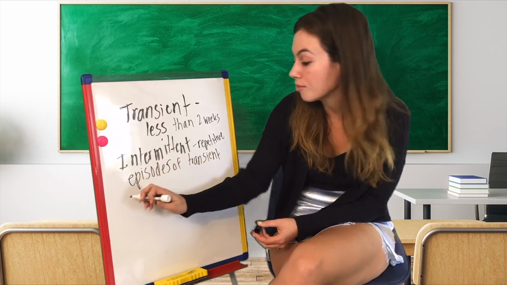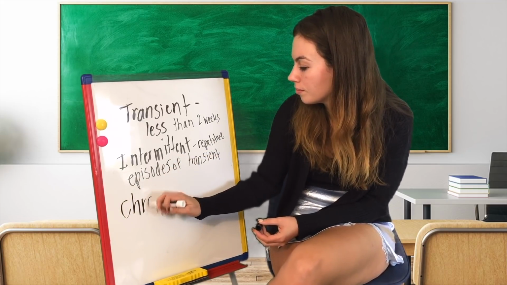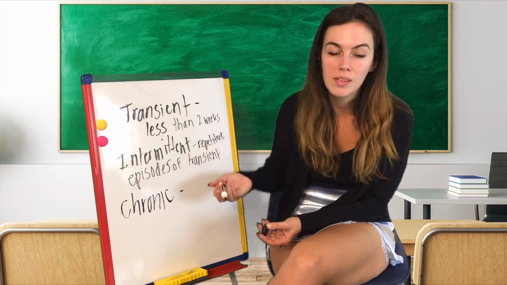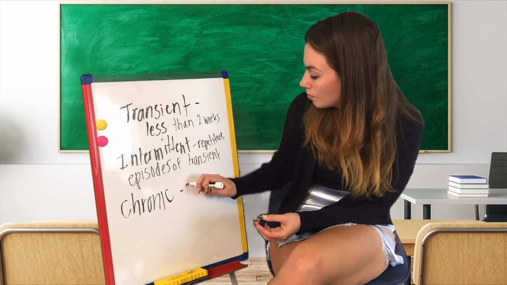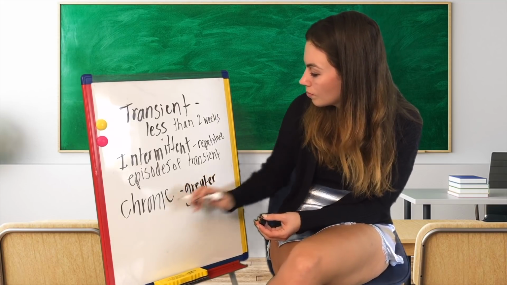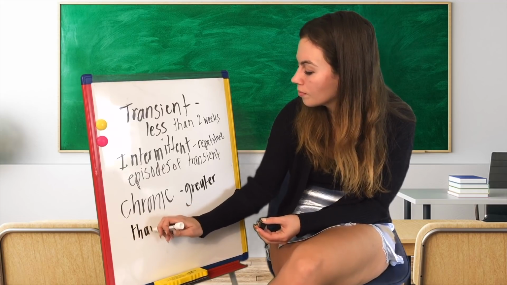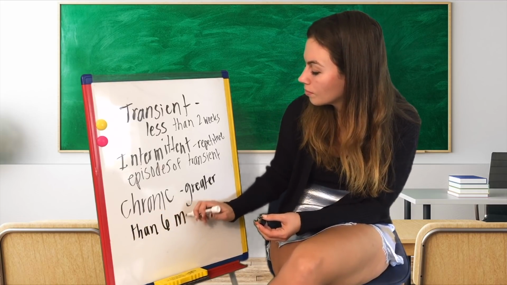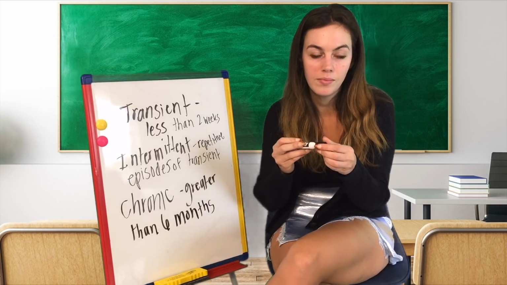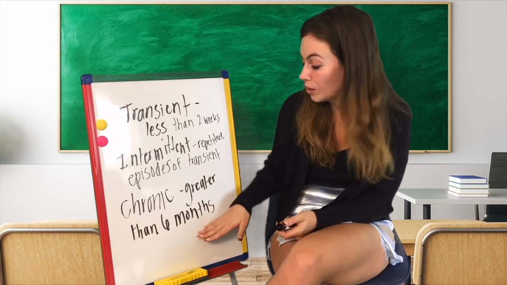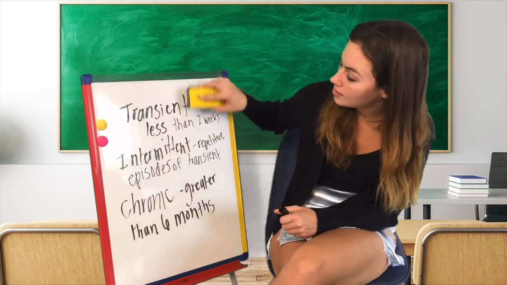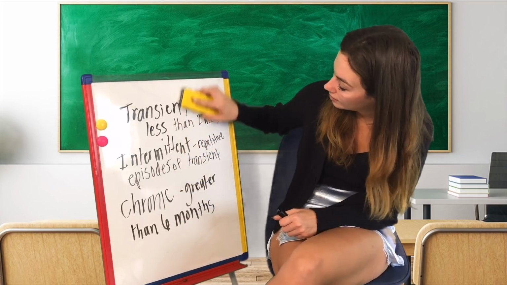And then we also have chronic, and chronic insomnia is insomnia greater than 6 months. And this actually affects 20 million Americans a year. So we have transient, intermittent, and chronic.